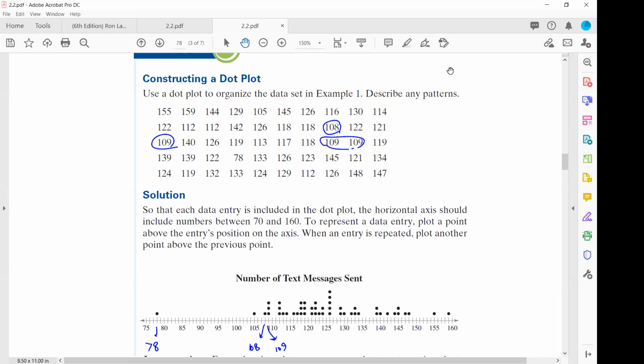If you have any question, please unmute yourself or use the chat. Very well. Let us move on to the next page.